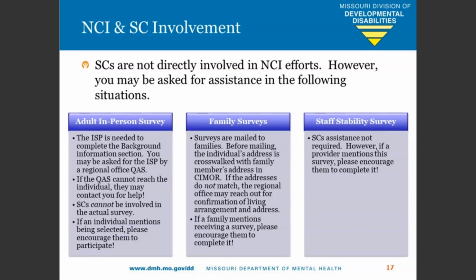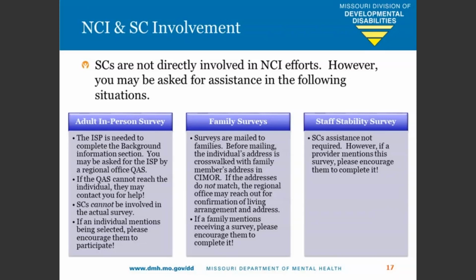So you may be contacted by the quality assurance specialist, and they say, hey, we are going to complete an NCI QFR on so-and-so. Can you please send me a copy of their IS2?